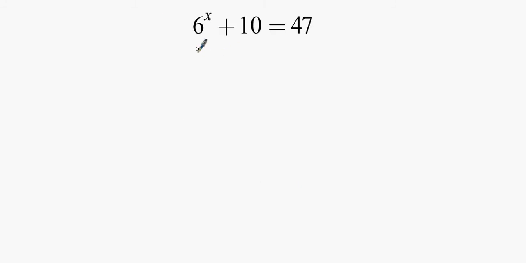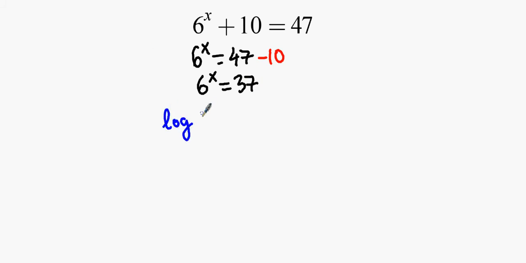Another equation. So 6 to the x equals 47 minus 10. So we take that plus 10, move it over. So 6 to the x equals 37. And then we need to take a log of both sides in order to get that x down. So I have log of 6 to the x equals log 37.